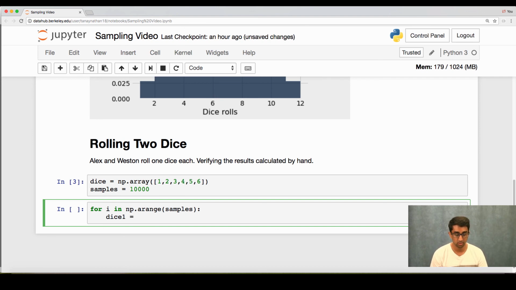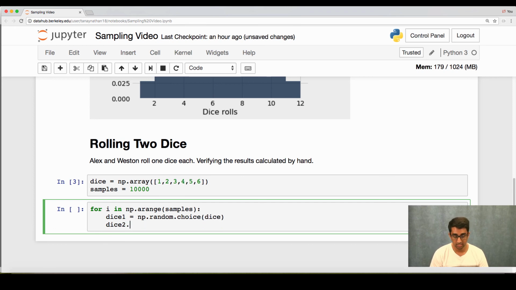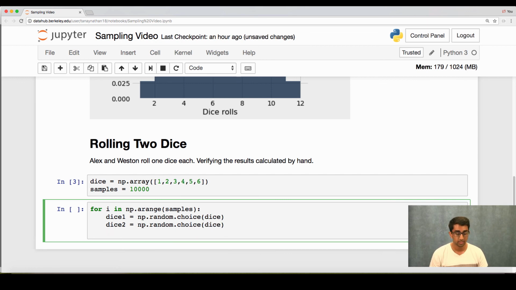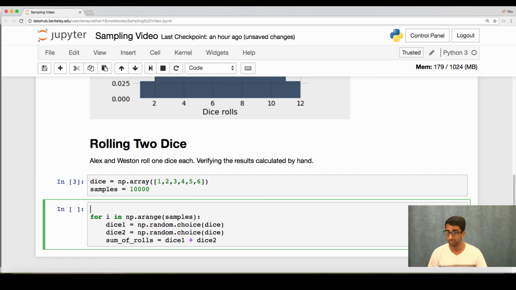So you can say dice 1 is the random choice of selecting from dice, and dice 2 is another roll, which is what we mimic by saying np.random.choice from dice. Now we want to get the sum of the rolls, which is just dice 1 plus dice 2, which is again what we're doing in our head, or in the case on the table, to find the true probability distribution.